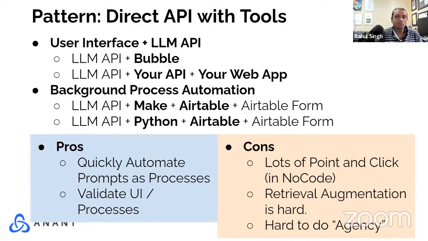And all of these basically were done without any programming. I will cover these later in depth in subsequent sessions, of exactly how to do this. And we've done some Python programming with the API as well, with Airtable. Can't really do too much agency, meaning the tool acting on its own to figure out what to do, but it can automate specific processes.